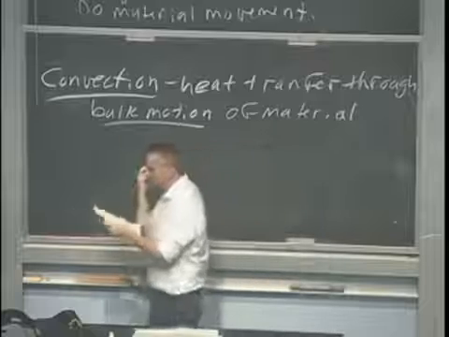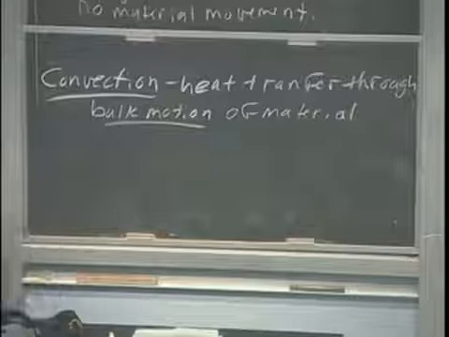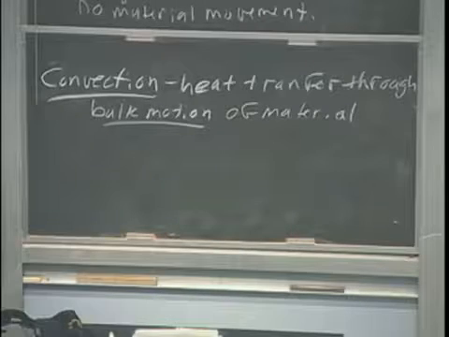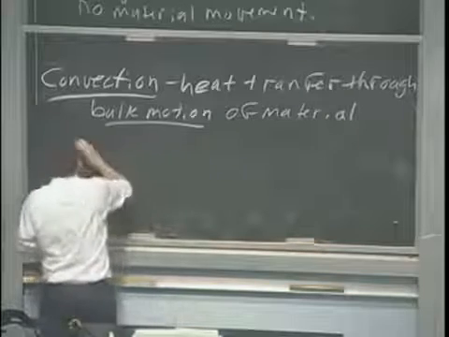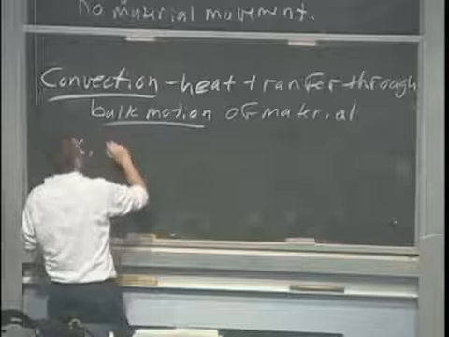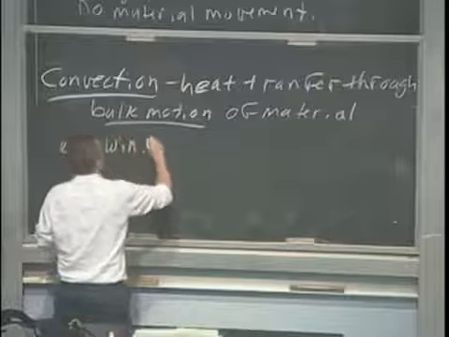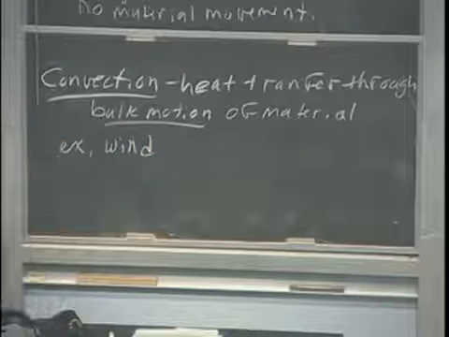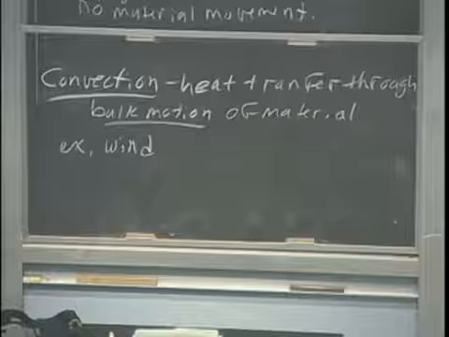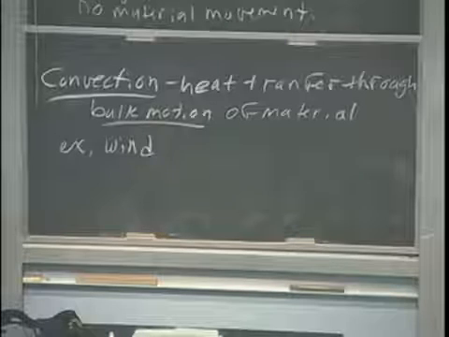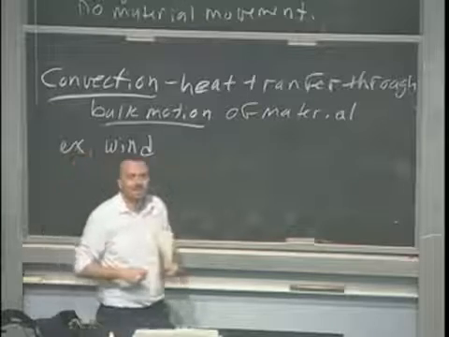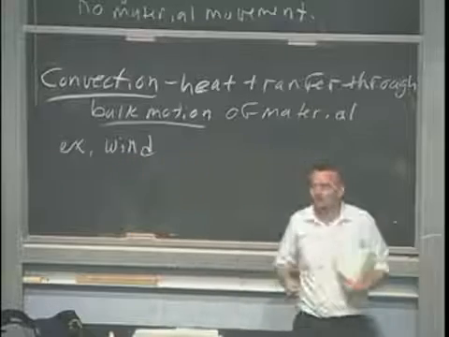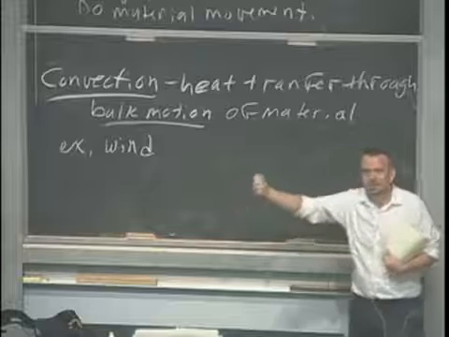So heat is being transferred because material itself is moving. Examples of that are, of course, wind. Wind is the most common example of convection, where, for example, you can have a hot wind coming in and heating up an area as it blows through. Or likewise, a cool breeze comes through.